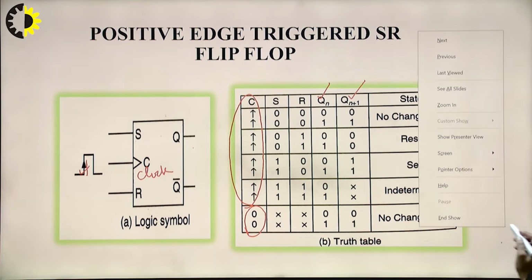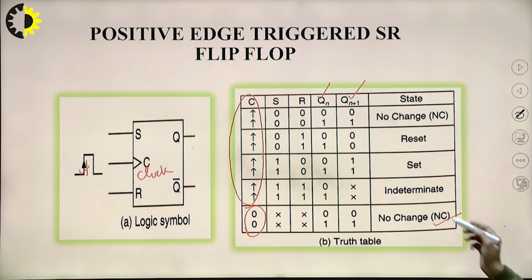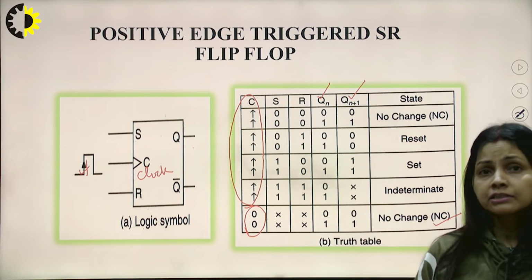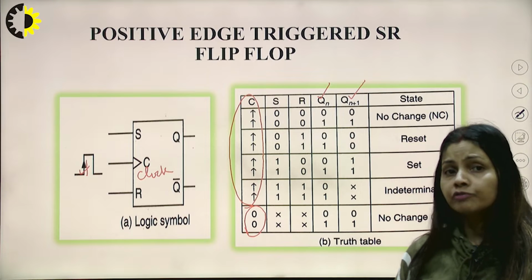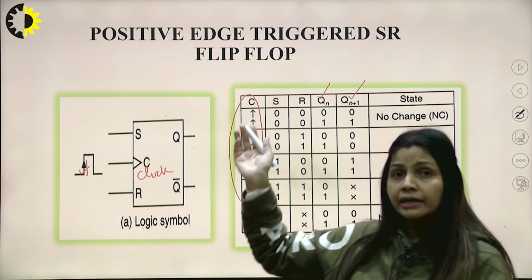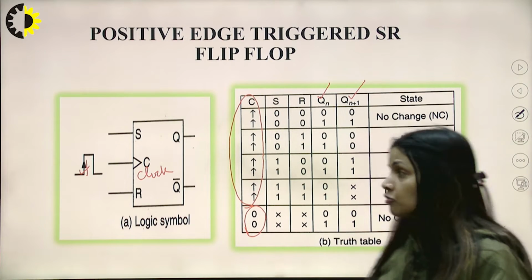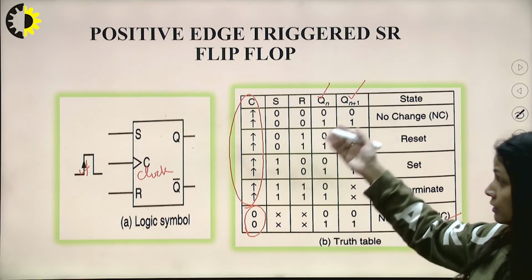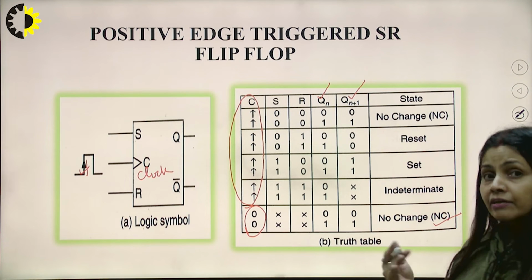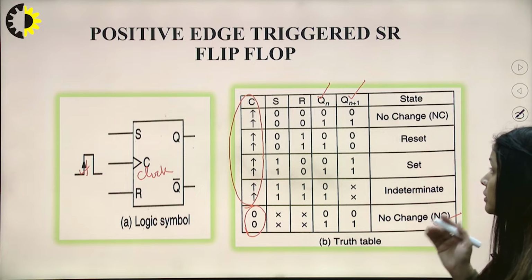So here SR is 0 0 as the latch functions, the flip-flop also functions, only the difference is the clock is high, and this state is achieved only at the positive edge of the clock.